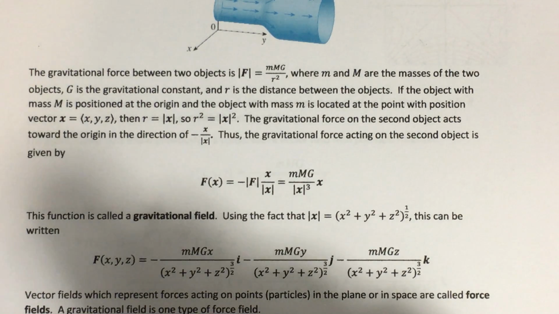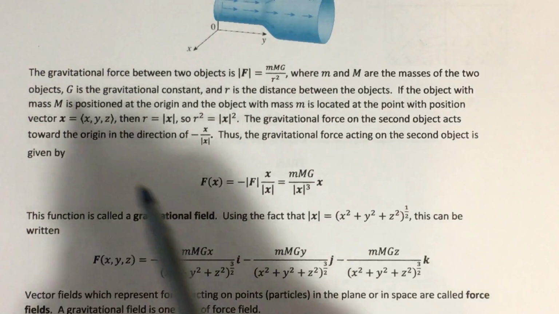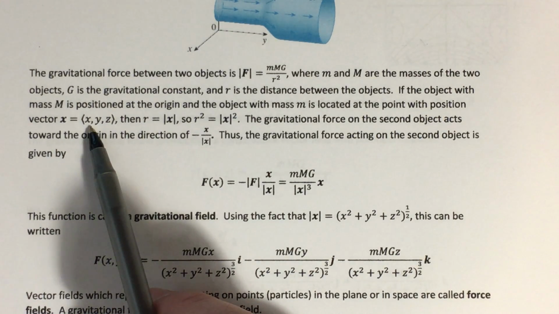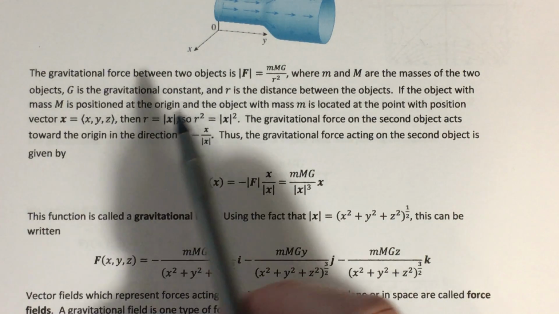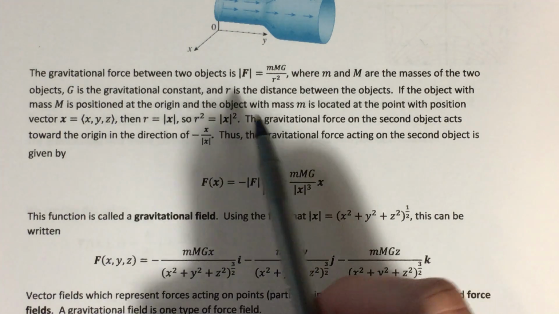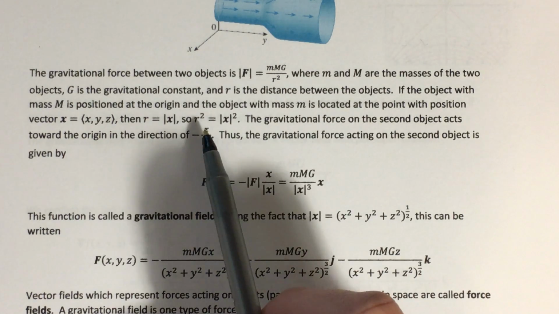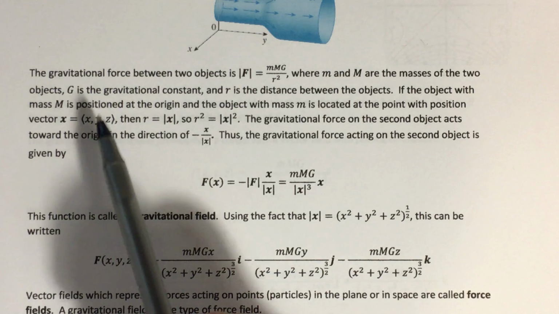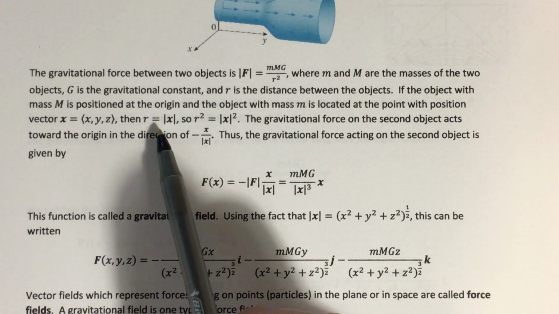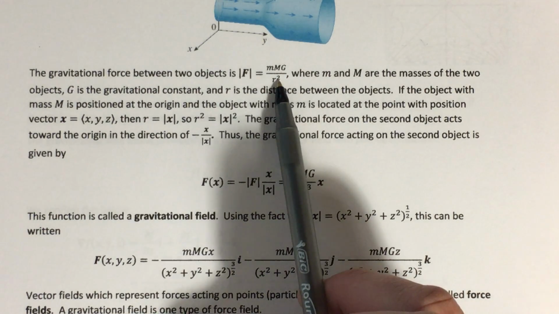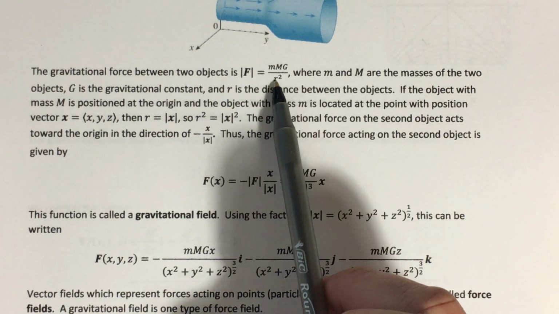Now, if you can picture that in 3-space, the distance between these two masses is the distance from the origin to the point x, y, z. So that's what our formula is calling r.